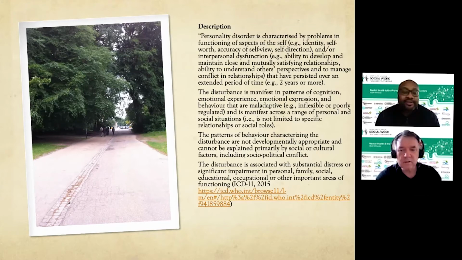I'm sure you can go through a list of groups of people who may respond in a certain way to other groups, okay? So this means that the patterns are not appropriate for sociopolitical conflicts or for histories. And lastly, the disturbance is associated with substantial distress or significant impairment in personal, family, social, educational, occupational, or other important areas of functioning, okay?